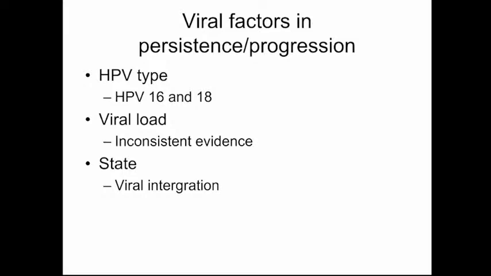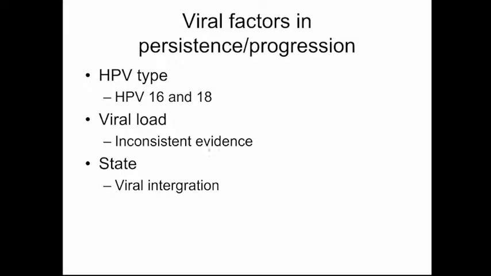Factors that affect persistence of HPV infection and progression. HPV type is important. So if you have 16 and 18, then persistence of HPV infection and progression to significant pathology lesions is higher than other types.